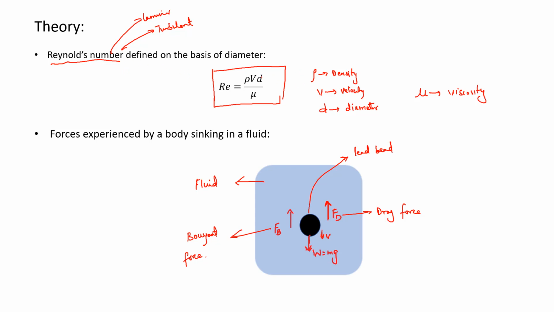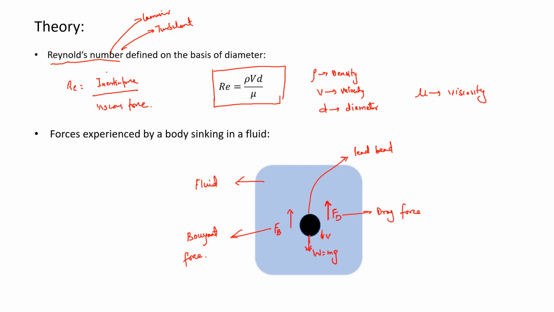We just need to know the expression of the Reynolds number, which is just the ratio of inertia force to viscous force. The inertia force comes because of the body, and the viscous force comes because the fluid has some viscosity with which it opposes the flow. So it's like a frictional force.